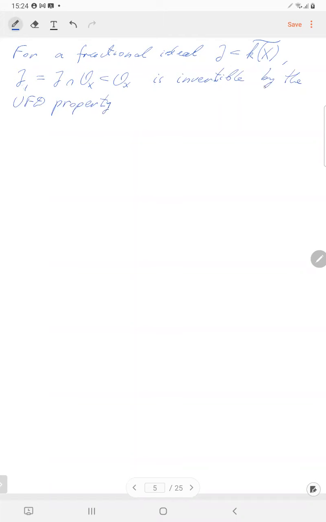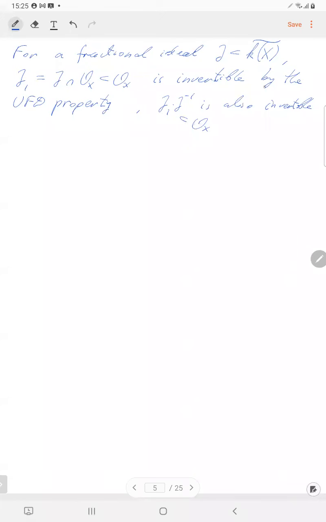Now J1 will be generated by the numerator, and then we know that it's invertible, and also that J1 times J inverse is invertible and contained in OX.